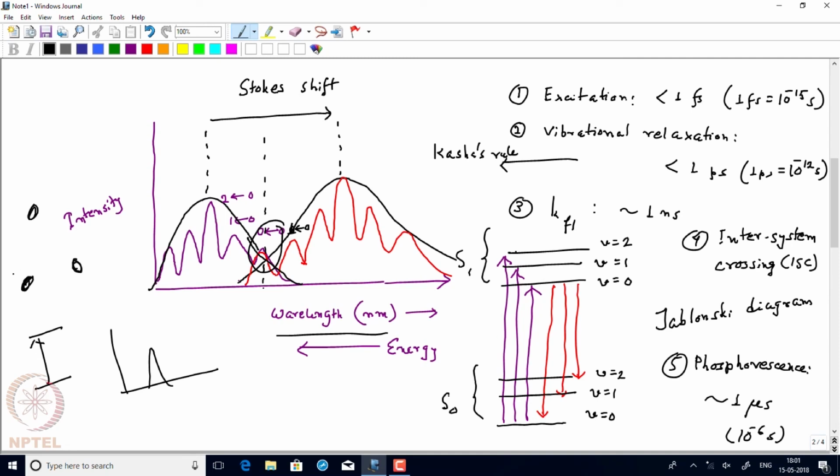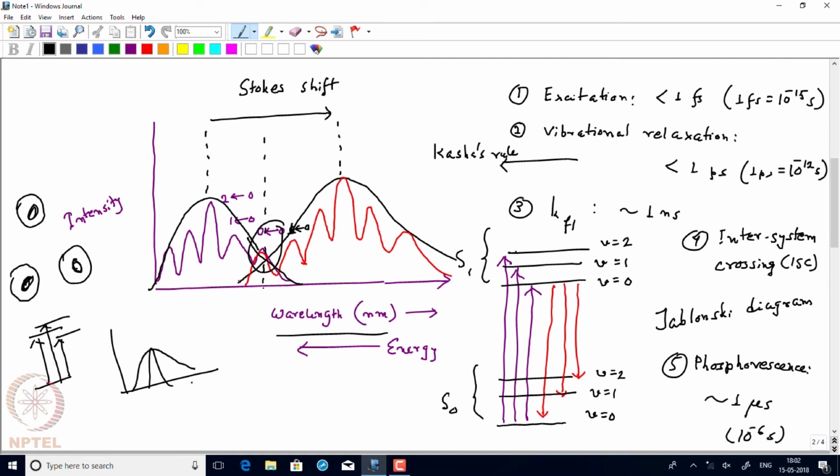The local environment around this molecule will be very different from the local environment around the other molecule, meaning there are solvent molecules around, dynamically changing their position, and they always interact with the molecules, so the molecular energies are shifted or perturbed. For one molecule you might see this energy level, for the second molecule the energy level is a little bit up, for the third it is a little bit down. So although these are identical molecules, the local environments are so different that their absorption becomes a little bit broad.